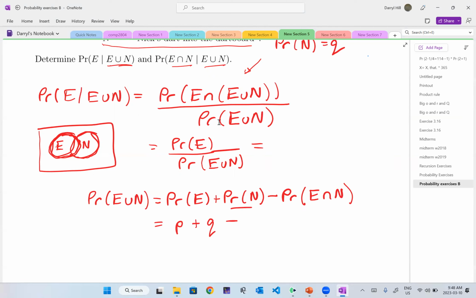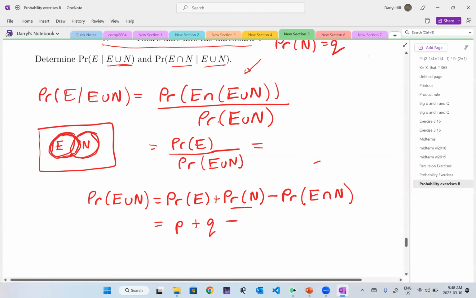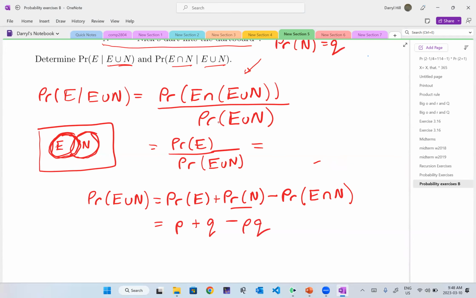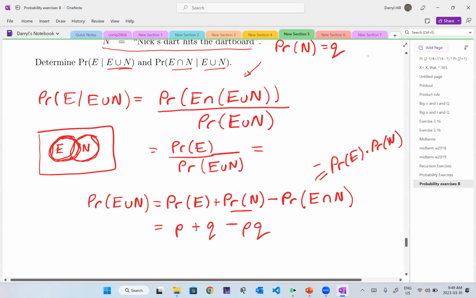So, we've been writing it like this. These are independent events. So E intersect N is, well, P times Q, yeah. So P times Q, right? This is equal to the probability of E times the probability of N. So yeah, a few set operations and independence have made our life somewhat easier.